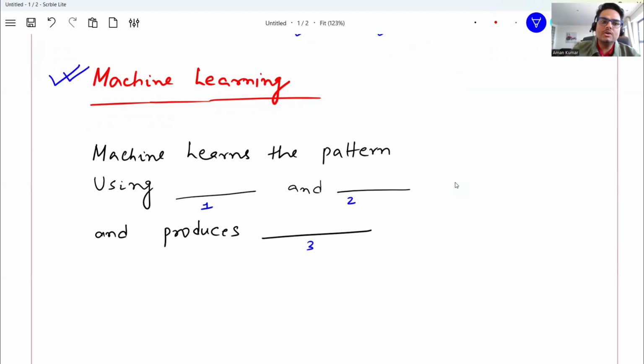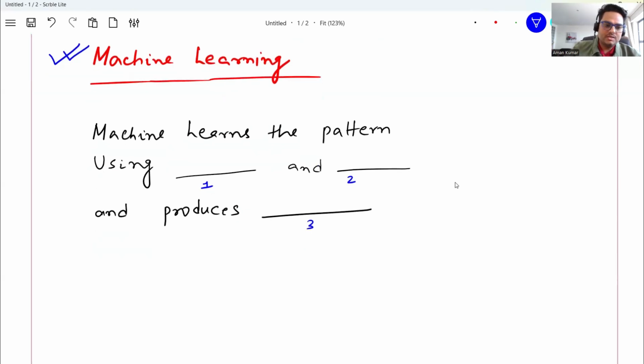Okay. So let's try to understand with a real world example. Suppose I give you size of the house. So you can think of a 2-bedroom flat in India. Okay. So size of the house, and here I will say cost of the house. So in this data, I have 2 columns.